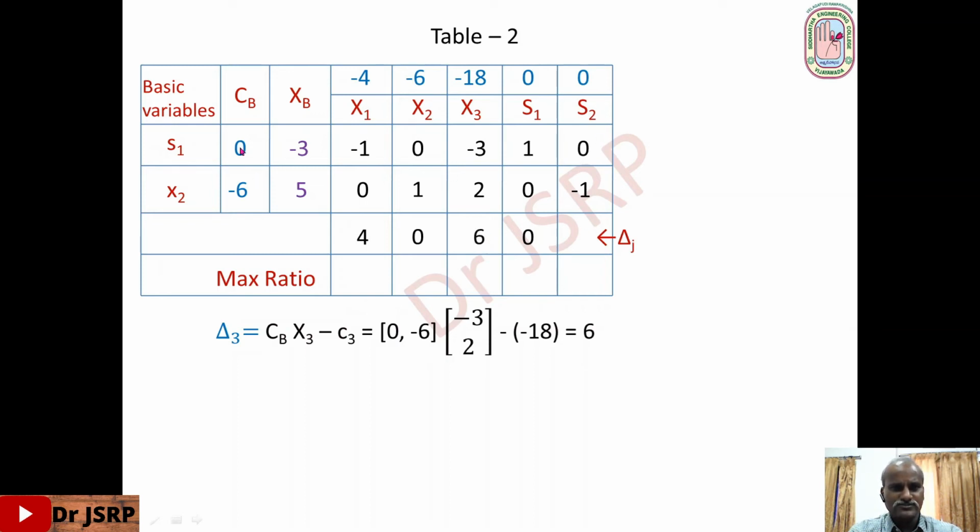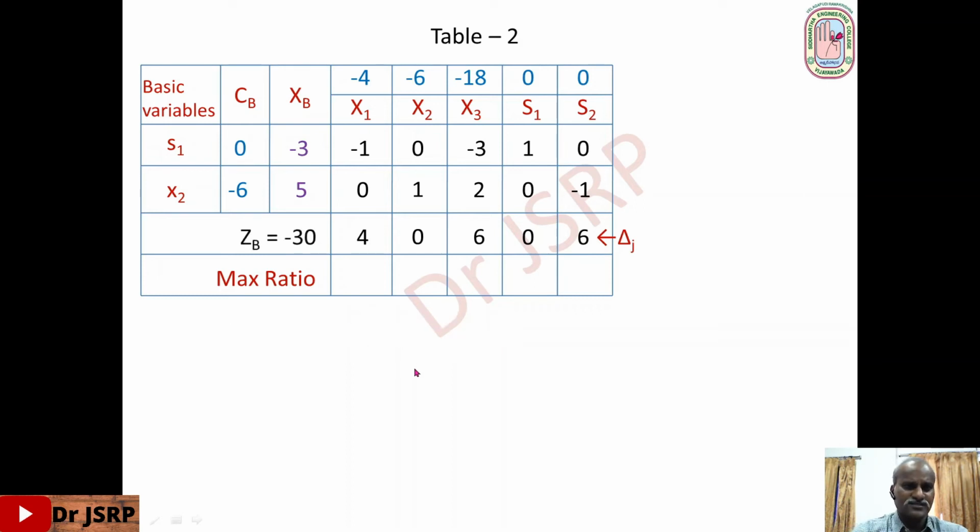Okay. S2, 0 into 0, minus 6 into minus 1, plus 6, minus 0, so 6. Okay. So these are delta J values and objective function value. CB into XB, 0 into minus 3 plus minus 6 into 5, minus 30. This is objective function value.